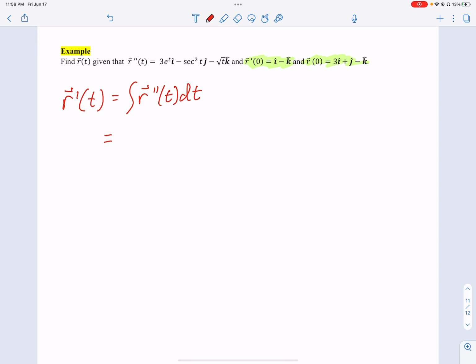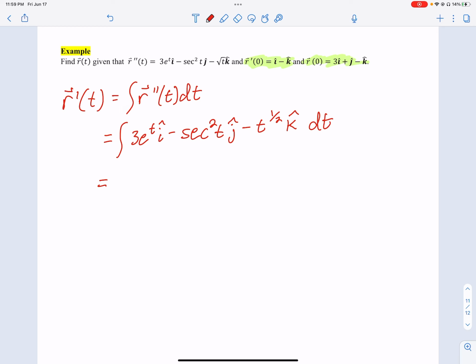So I'm just going to plug that in. We get 3e to the t. These look, I think, simple enough to not have to break them down. Minus secant squared t, j, minus, I'm going to go ahead and change this to negative 1/2, or positive 1/2, sorry, k, dt.